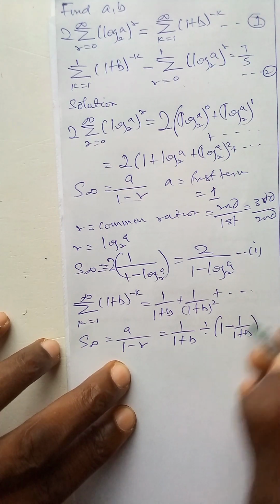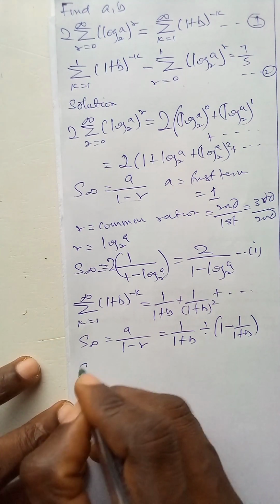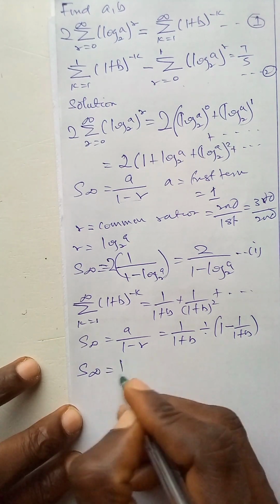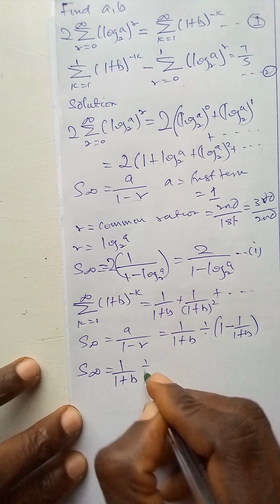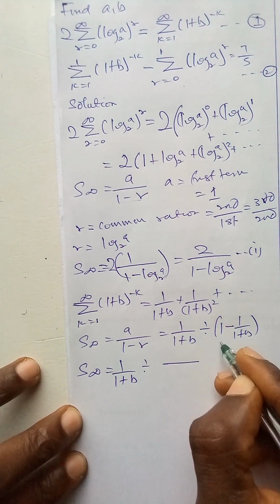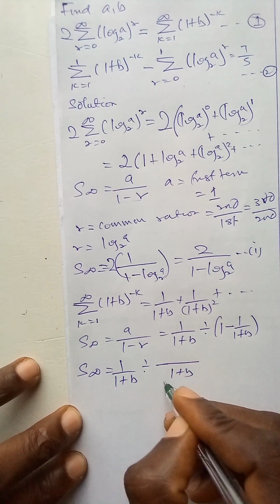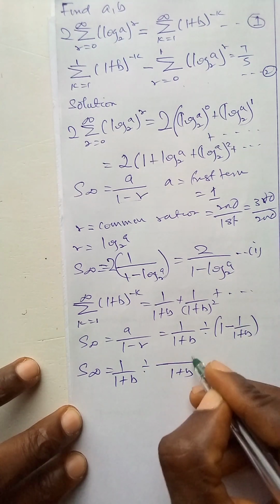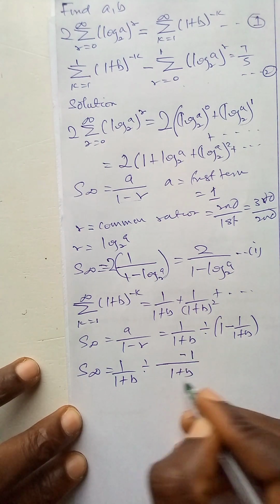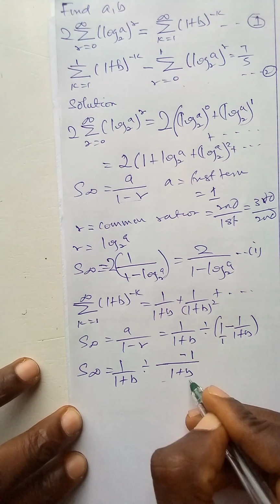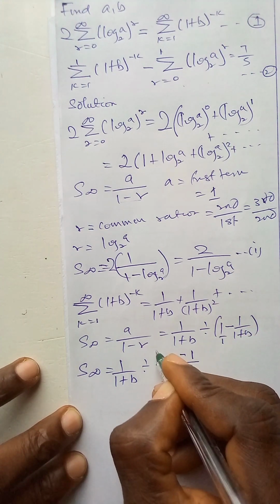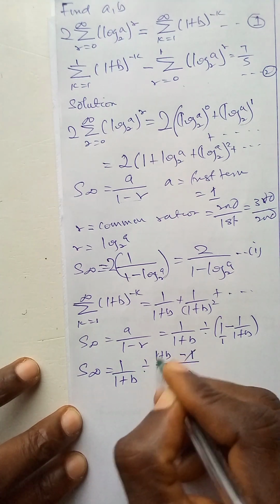Let us now simplify this part. We have the sum to infinity of 1 over 1 plus b divided by, if you find the LCM of this and 1, we'll have 1 plus b over 1 plus b, minus 1 gives b over 1 plus b.